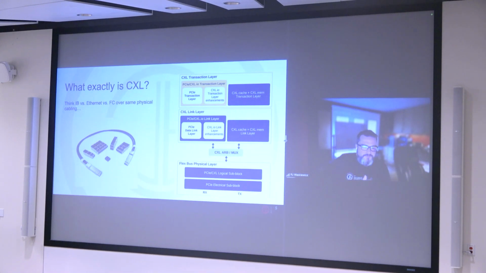Just to further drill this in, if you see my laser pointer here, this is a block diagram of how traffic would flow through a host between PCI Express or CXL.